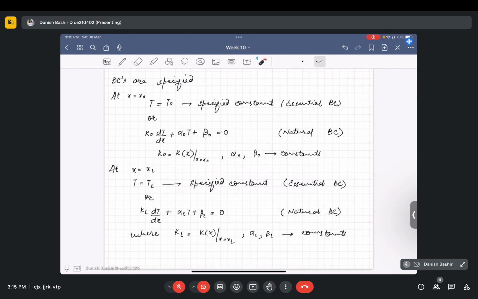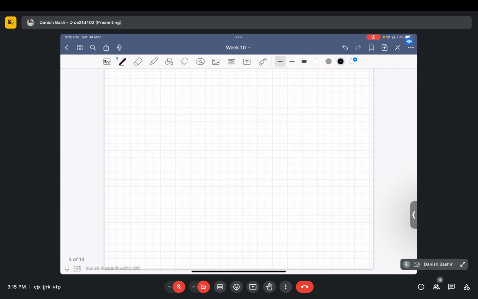I taught the same thing in the bar problem, truss problem as well as beam bending problem. I hope by this time you would be able to deduce the equivalent functional for this boundary value problem. So directly, I will be writing here the equivalent functional because we have to follow the problems. That's our main goal, so I will not be wasting time showing how we obtain this equivalent functional.